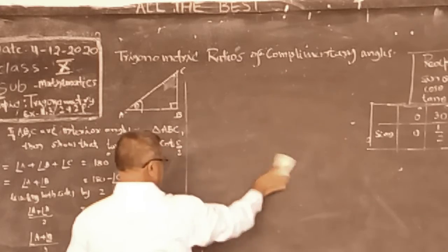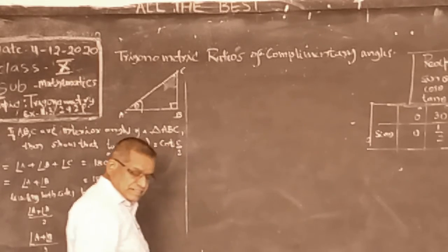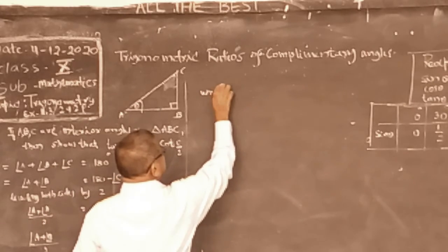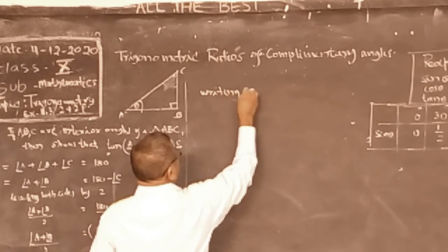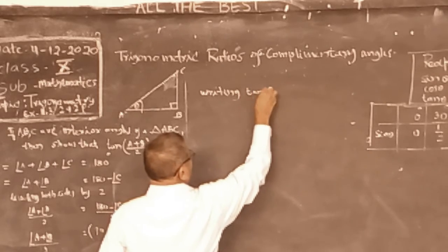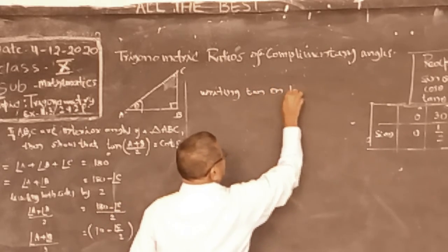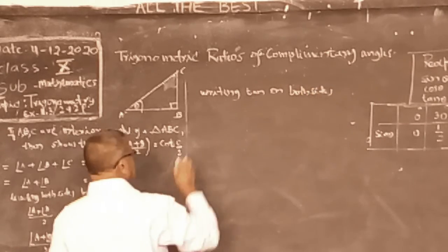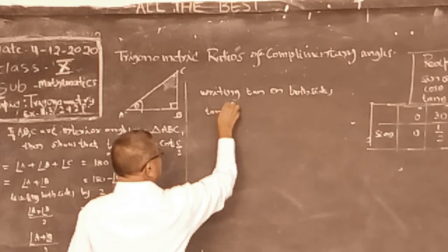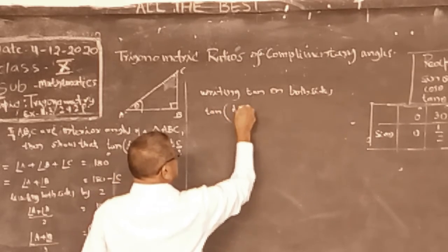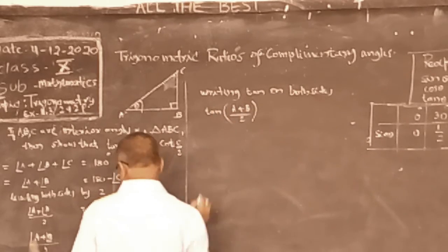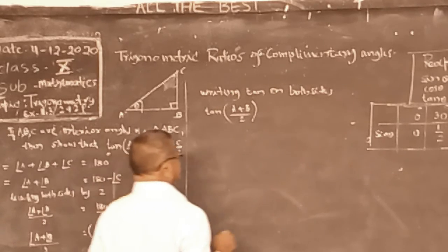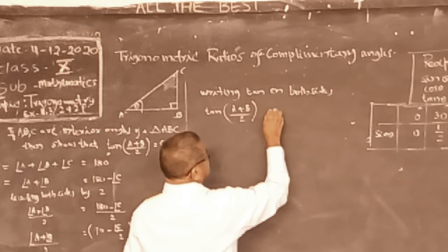So writing tan on both sides. Now tan of (A plus B) by 2. We need not write angle because the question is given as A plus B, these are angles only.